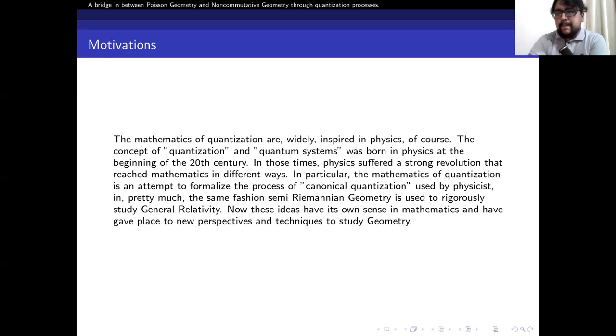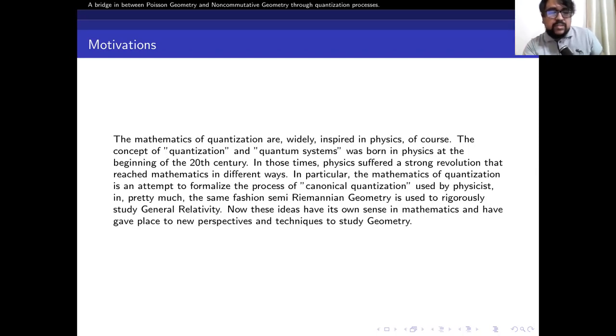Okay, so some motivations. The mathematics of quantization are widely inspired by physics, of course. The concept of quantization and quantum systems was born in physics at the beginning of the 20th century. In those times, physics suffered a strong revolution that reached mathematics in different ways. In particular, the mathematics of quantization is an attempt to formalize the process of canonical quantization used by physicists.